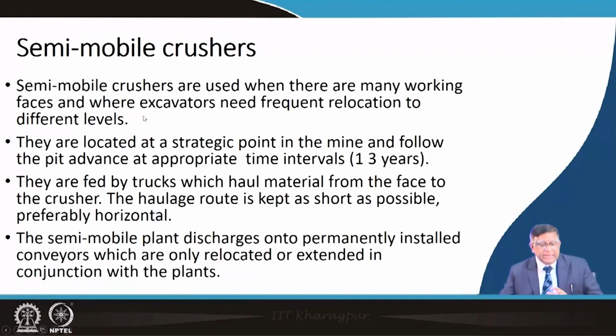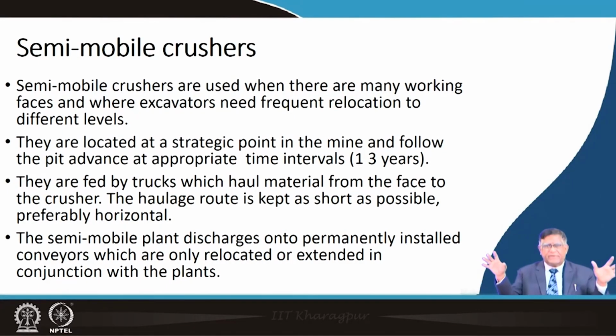Now, these are semi mobile crushers, which we have already introduced in the previous class. Semi mobile crushers are used when there are many working phases and where excavators need frequent relocation to different levels. Now, where does this situation come, particularly in a metalliferous mine, iron ore mine or so, the grade of the ore is different.